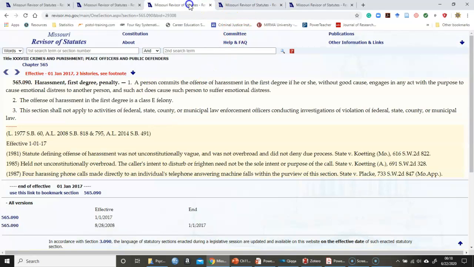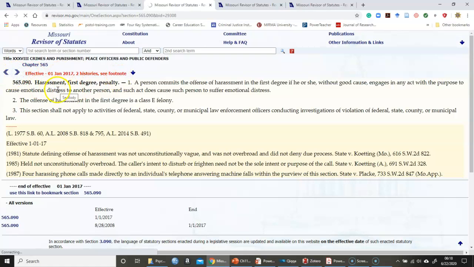At the same time, harassment is another one of those offenses that fall really closely when we start working with our assault statutes. A person commits the offense of harassment in the first degree if he or she, without good cause, engages in any act with the purpose to cause emotional distress to another person, and such act does cause such person emotional distress. Now this is first degree.